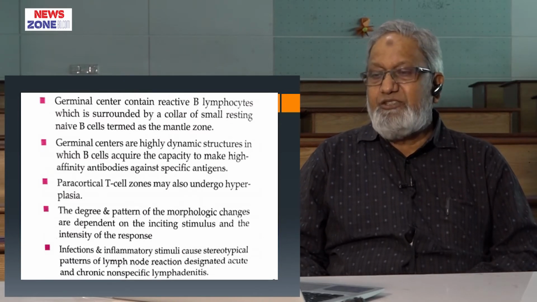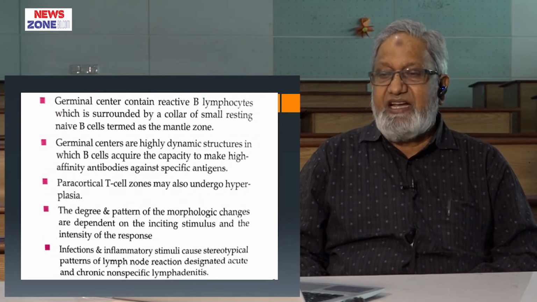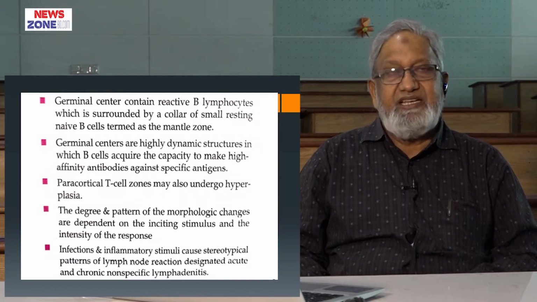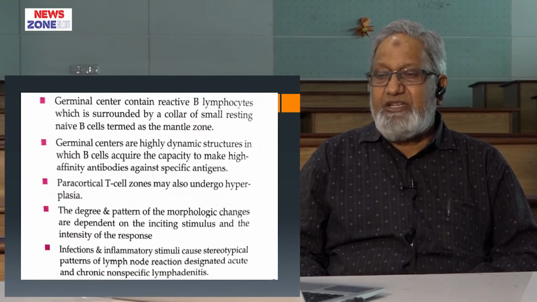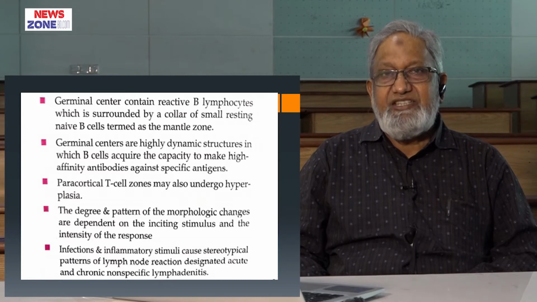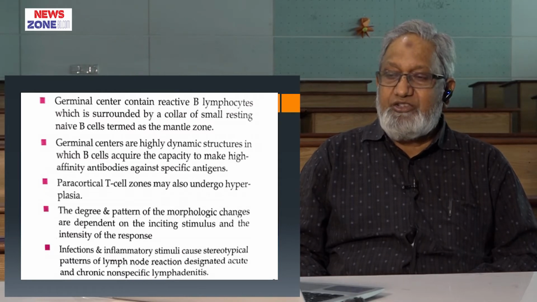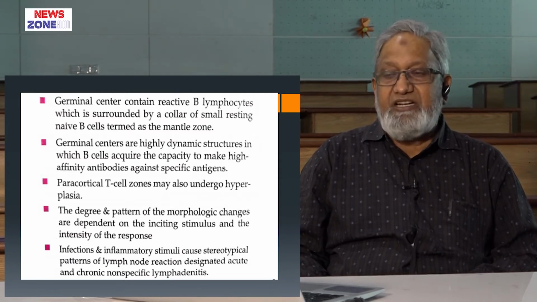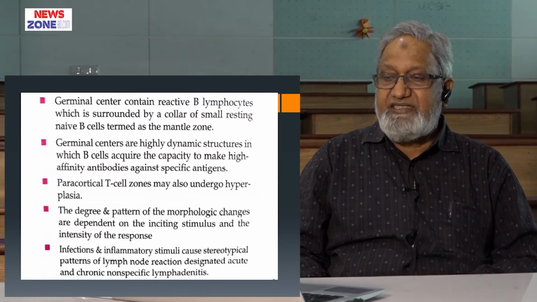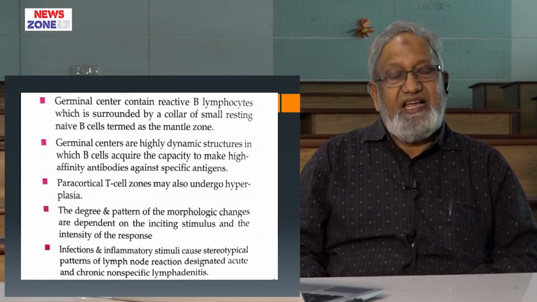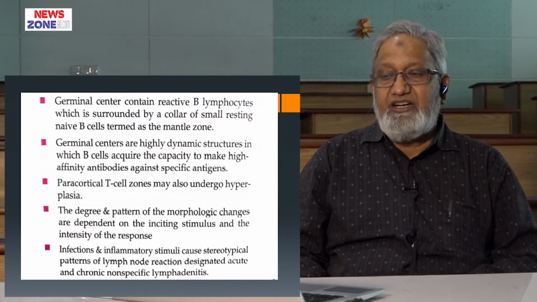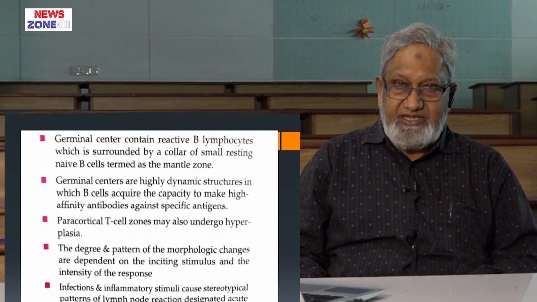The degree and pattern of morphological changes depend on the inciting stimulus and its intensity. So, infections and inflammatory stimuli cause stereotypical patterns of lymph node reactions, designated acute and chronic non-specific lymphadenitis.